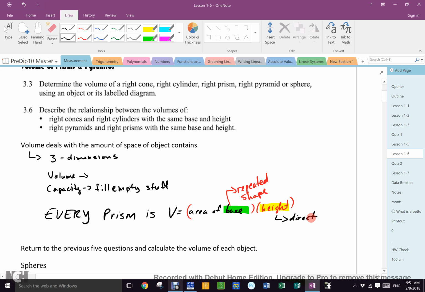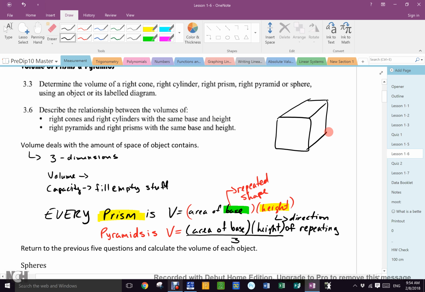So a pyramid that is related to a prism will have the exact same volume, but it will be divided by 3. That's it. So, let me give you an example. There's a prism, yes? That volume is 111. Okay? The area of the base, 1, 1. This area right here.